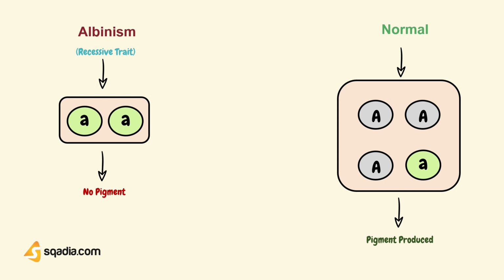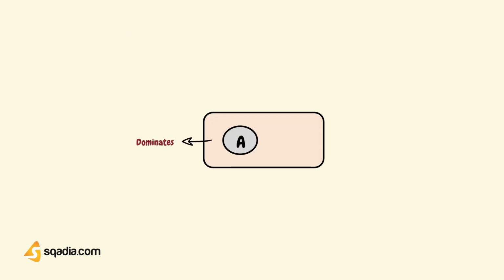In this example, you see that the allele with capital A dominates over the allele with small a, and the effect of the allele with small a is suppressed by the allele with capital A, because in an individual with capital A and small a, pigments are produced.